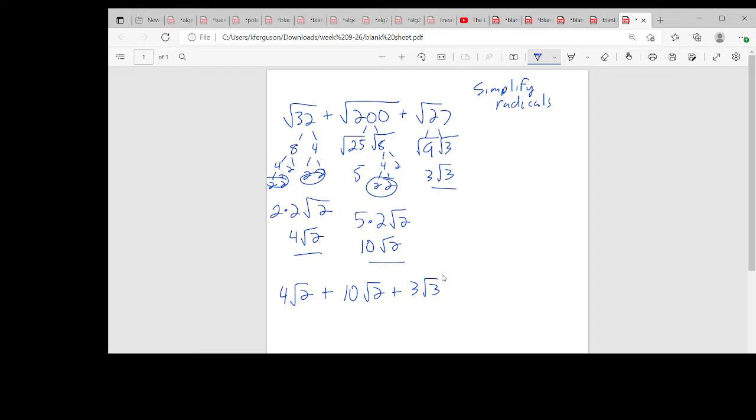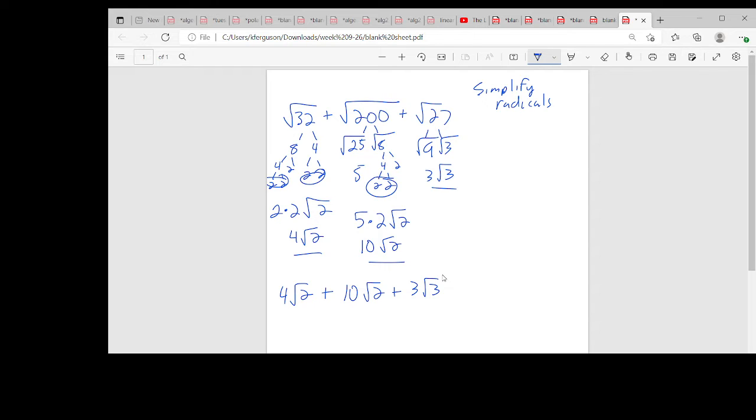Now, square roots, when you're adding or subtracting them, they act just like variables. So that's like saying 4x plus 10x plus 3y. Does everybody understand what I said, or do I need to write it down? Because the 2's are the same and the square root of 3 is different. So it's like saying 4x plus 10x plus 3y.